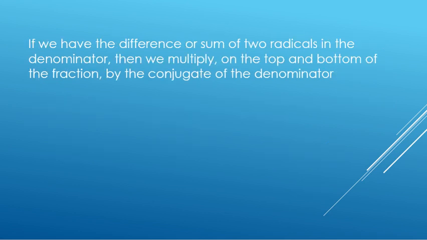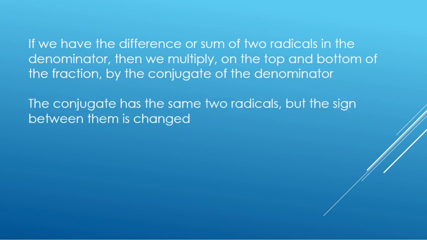If we have the difference or sum of two radicals in the denominator, then we multiply on the top and bottom of your entire rational quantity by the conjugate of the denominator. Now, what is the conjugate? The conjugate has the same two radicals involved, but the sign between them is changed.